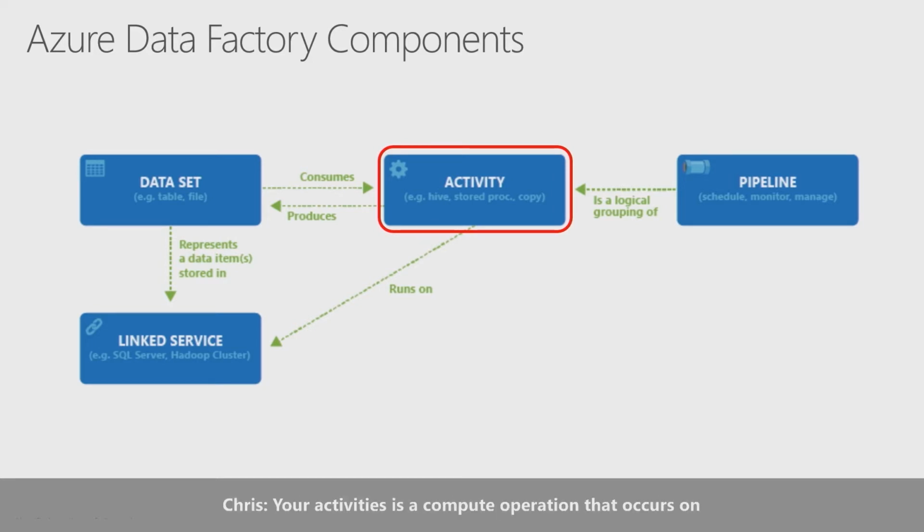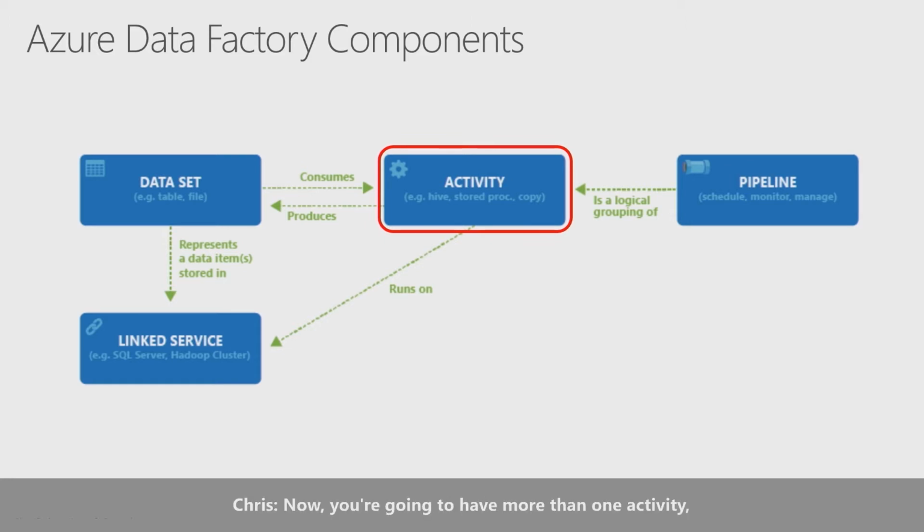Your activity is a compute operation that occurs on either a data set, so maybe you're doing some kind of transformation that produces some data, and maybe you consume some data to enrich it. But an activity could also run on a linked service like a Hadoop cluster. It's a push down of compute. It's a push down, so fundamentally, it's calling that capability.